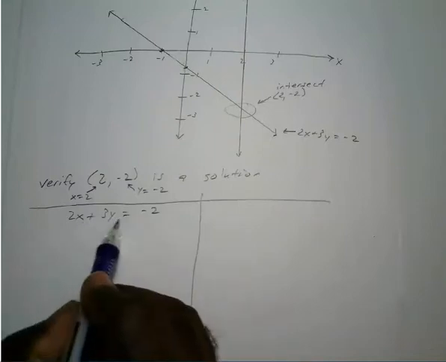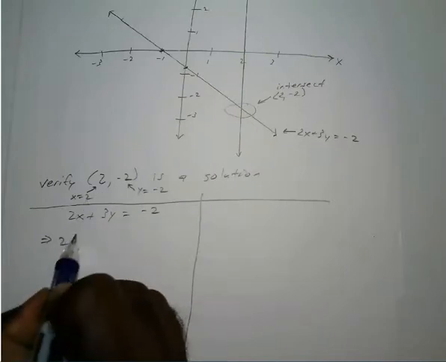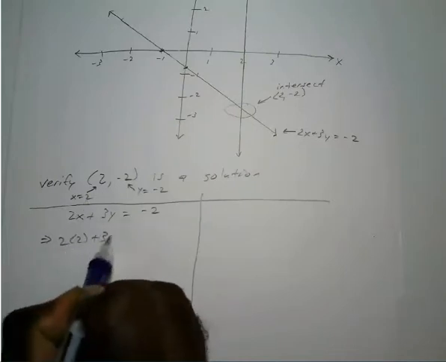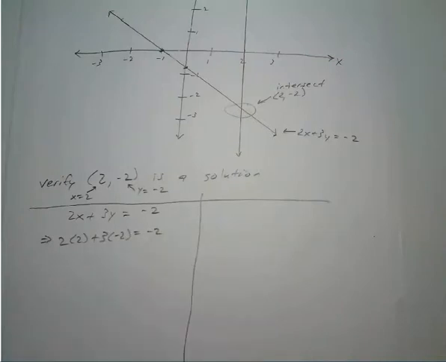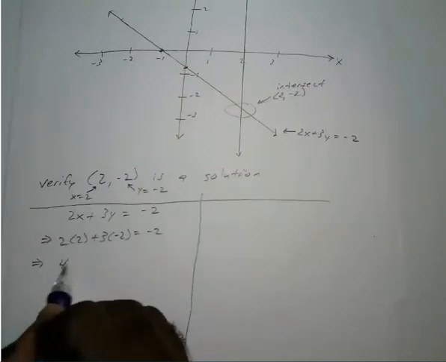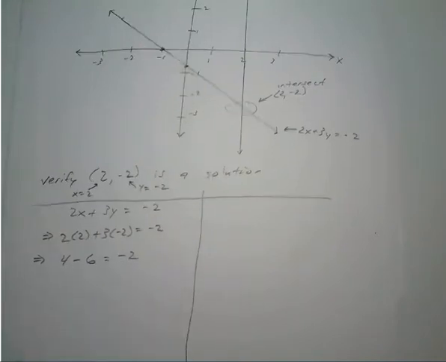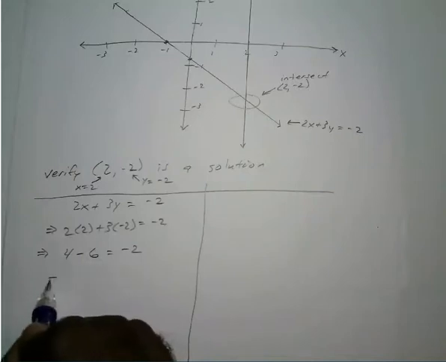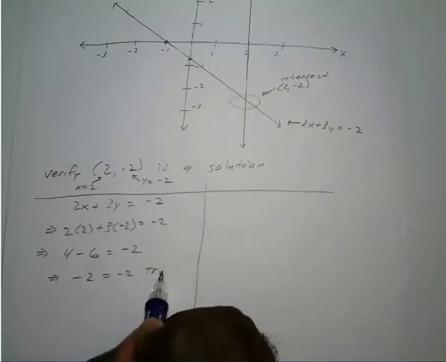Alright, so 2x plus 3y, that gives us 2, instead of x we put in 2, plus 3, instead of y we put in -2, equals -2. So if we go ahead and simplify those terms, 2 times 2 is 4. 3 times -2 is -6 equals the -2 that's over there. 4 minus 6 is -2, so we end up with -2 equals -2, which is true.